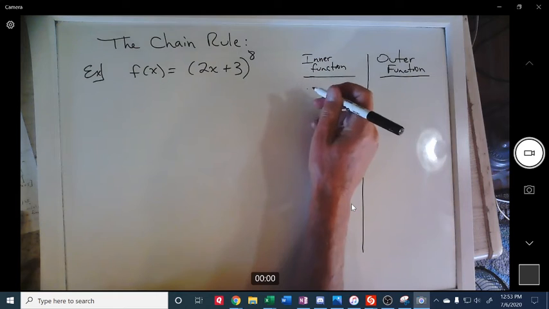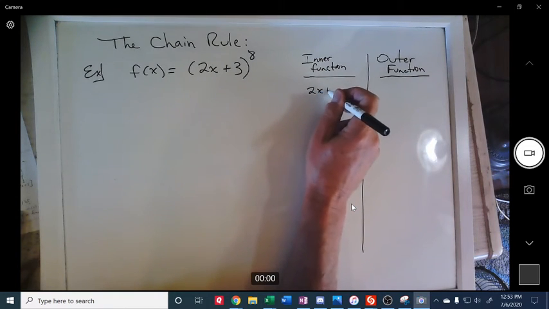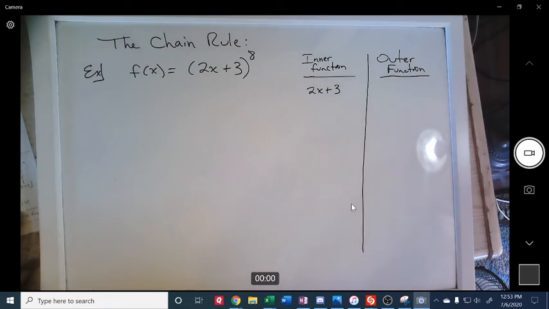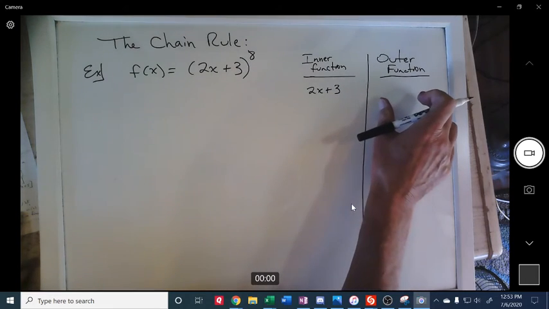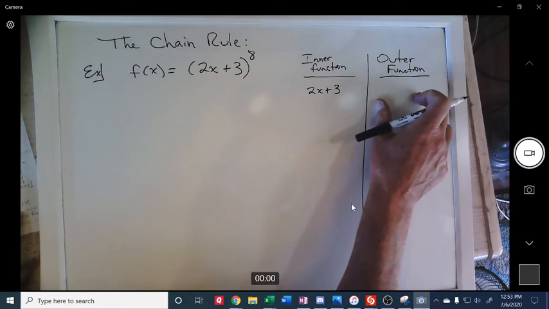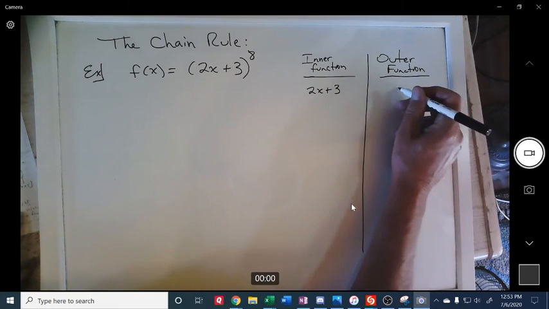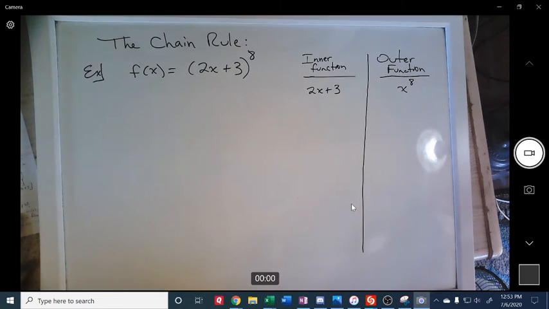So I can think of that function coming here. 2x plus 3 to the 8th might be my hunch for the outer function, but when we simplify that, we just think of it as x to the 8th.